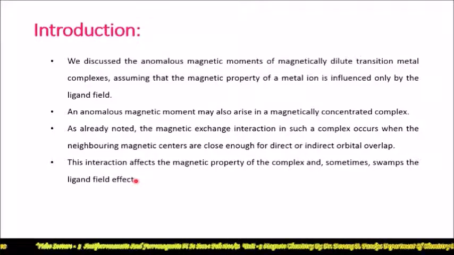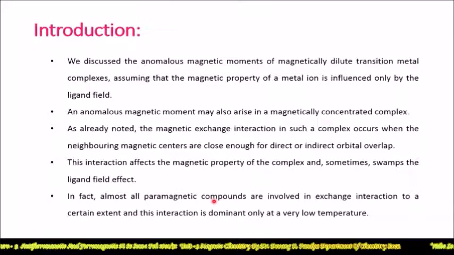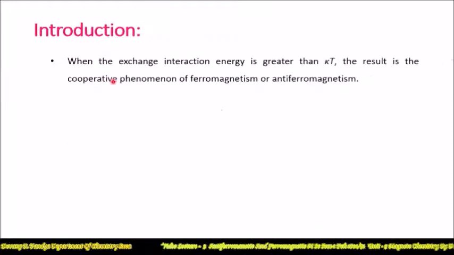In fact, almost all paramagnetic compounds are involved in exchange interaction to a certain extent, and this interaction is dominant only at a very low temperature. When the exchange interaction energy is greater than kT, the result is the cooperative phenomena of ferromagnetism or antiferromagnetism.